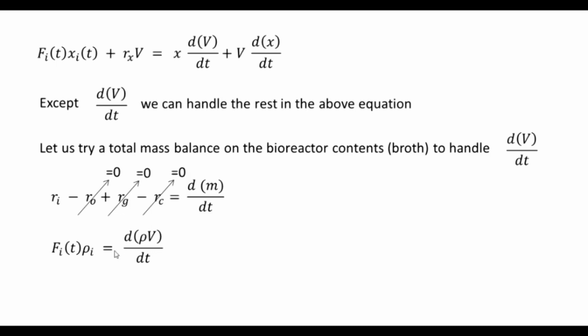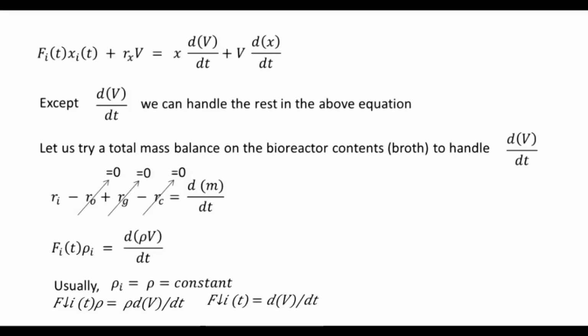Usually the inlet and outlet densities are the same and a constant, therefore we can take them out of the derivative. Fi(t) times rho, which is the constant density, equals rho, the constant, so we take it out of the derivative, rho dV/dt. So Fi(t) is dV/dt, cancelling rho on both sides.